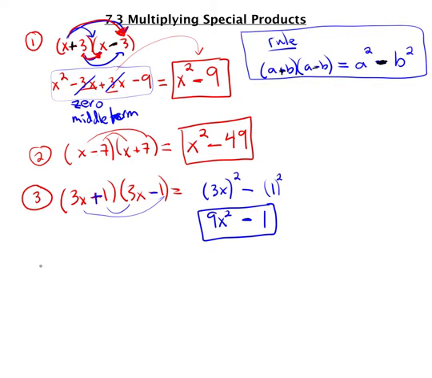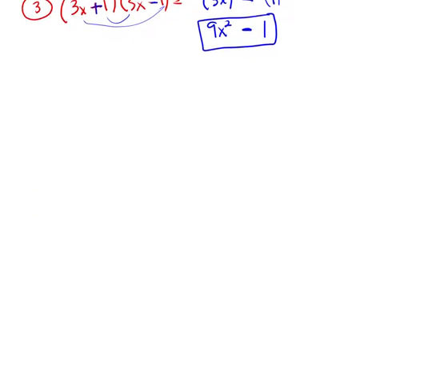All right, so how about if we do a few on your own? If you want to pause after I give you a few examples to do, so that would be 4, 5, and 6 problems.